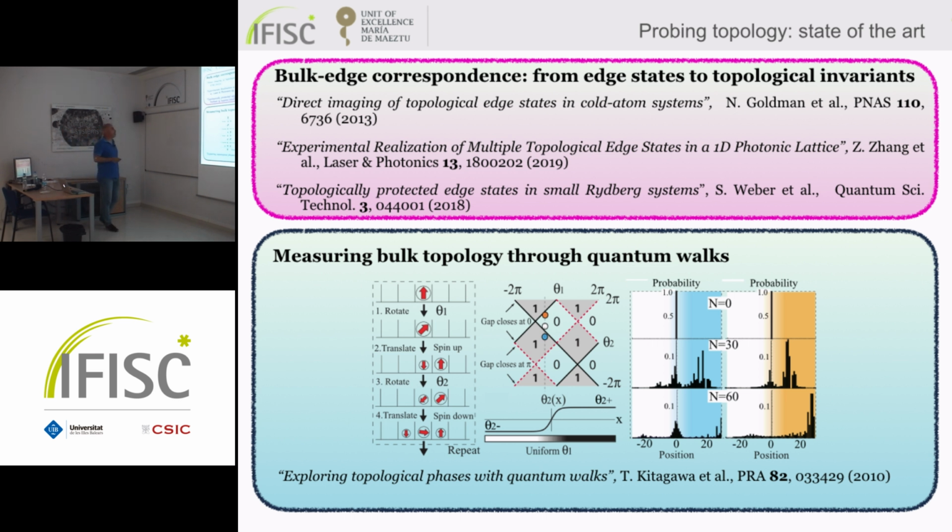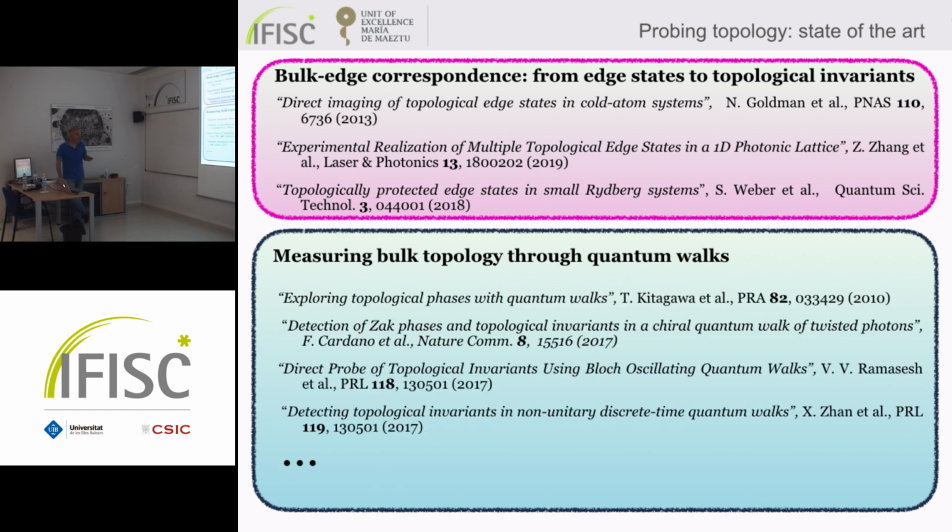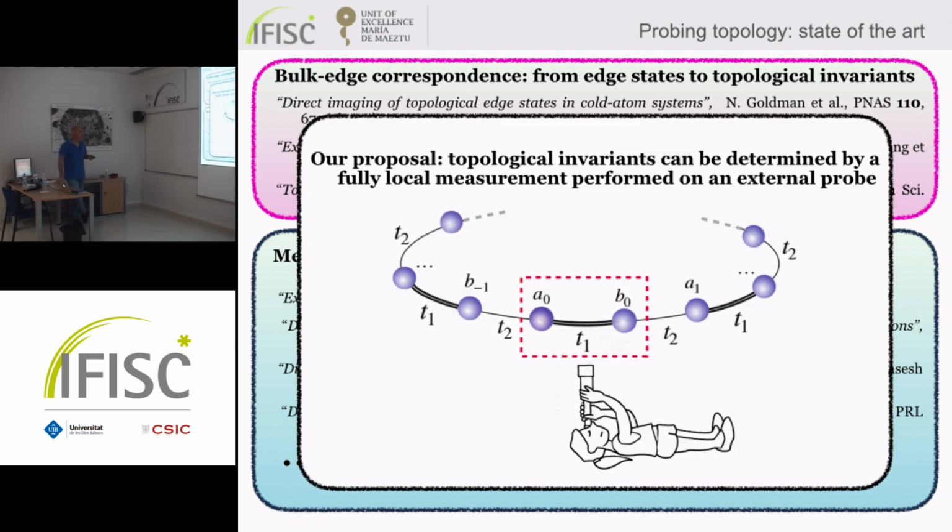And these are the two methods that are normally employed in a lot of experiments to measure these topological numbers. What we propose is a bit different. And here there is a series of recent experiments about this technique. We propose something different.